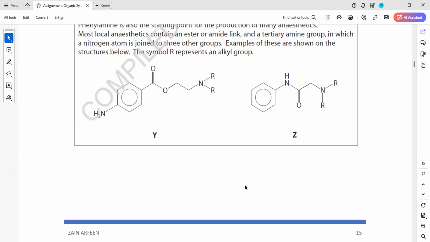Using this, our molecular formula is C13H20N2O2. That was our molecular formula, because I mentioned empirical and molecular formula is the same for this compound.